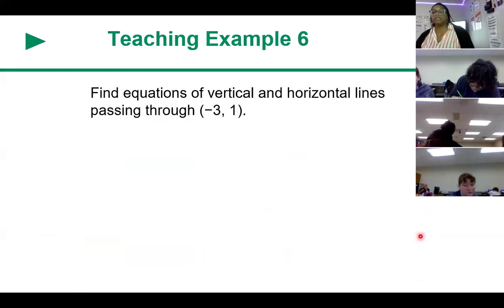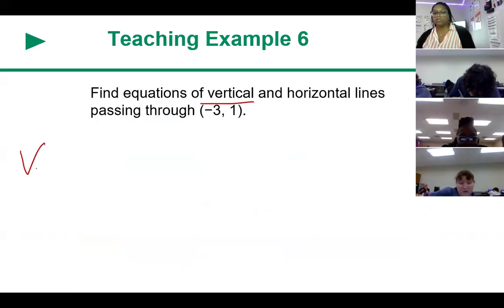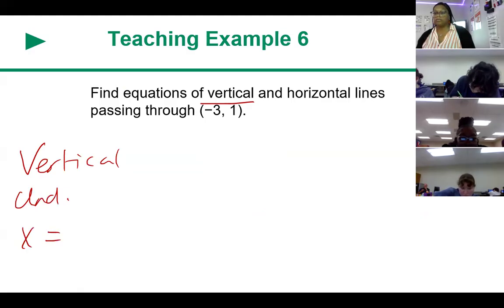So when you come over here and it asks you to write the vertical, that's going to be our undefined slope, and it's going to be whatever x equals. And what is our x equal? -3.